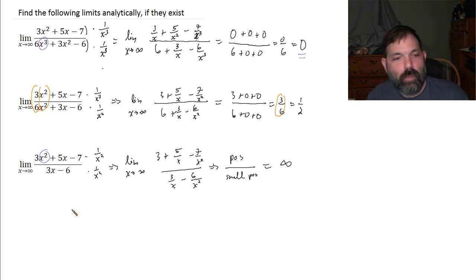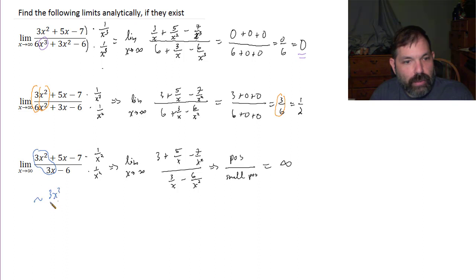Now, there's a little bit more to it than that. What we can also say is, if I take the lead terms on this one, the 3x squared and the 3x, and I find their ratio, 3x squared over 3x, this is approximately x.